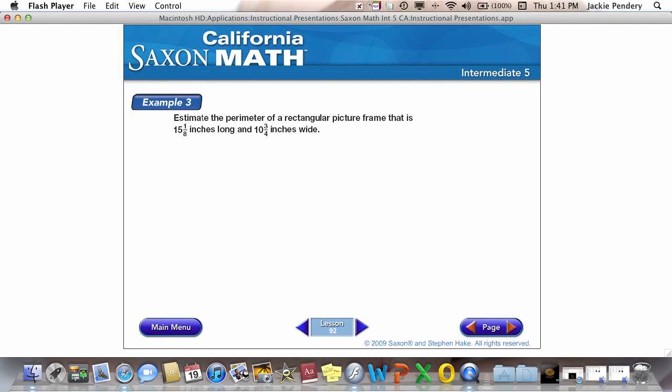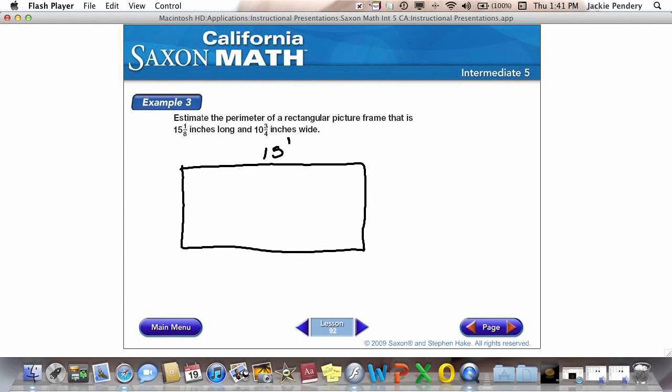Estimate the perimeter of a rectangular picture frame that is 15 1/8 inches long and 10 3/4 inches wide. So I like to draw pictures. I am a visual person. So I'm going to draw my rectangular picture frame. I know it's 15 1/8 inches long and 10 3/4 inches wide.